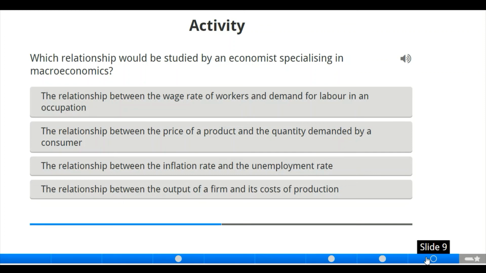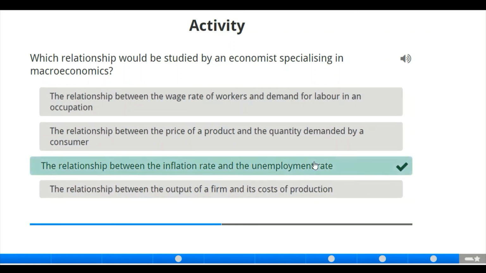No, this one is also talking about an individual. Now, the relationship between the inflation rate and the unemployment rate, this sounds nice and should be our answer, but let's check the last option. The relationship between the output of a firm and its cost of production? No. The relationship between the inflation rate and the unemployment rate is the answer.